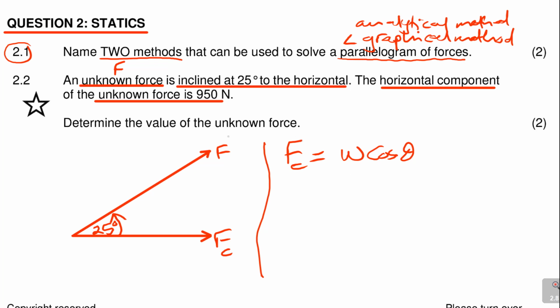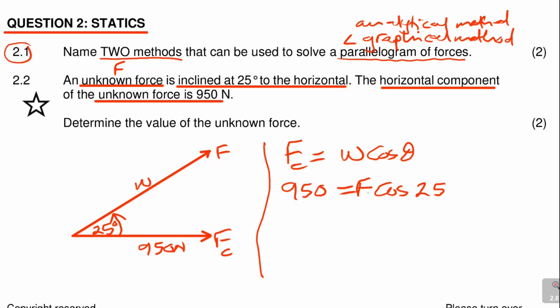Okay, now we know what our FC is. They told us it is 950 newtons. So you come here and say 950 newtons is equal to W, but now we're not gonna use W. W becomes our F. This is the unknown force. F cos 25. Are you seeing that? Because this then is the W whenever you're doing that.